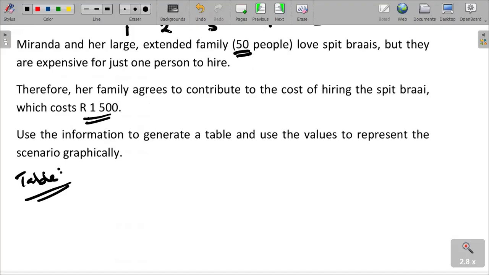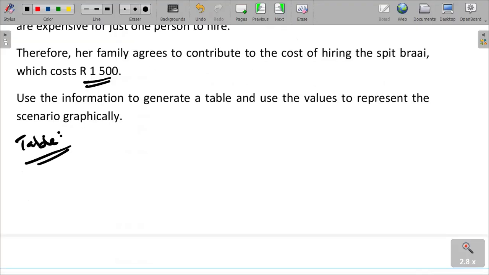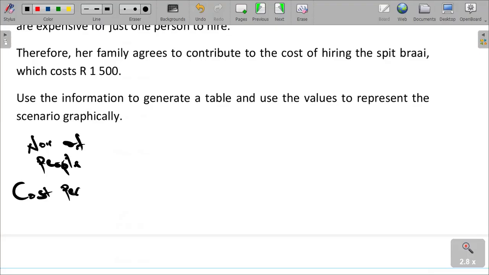We have the number of people, so our table can have the number of people, and then the cost per person.